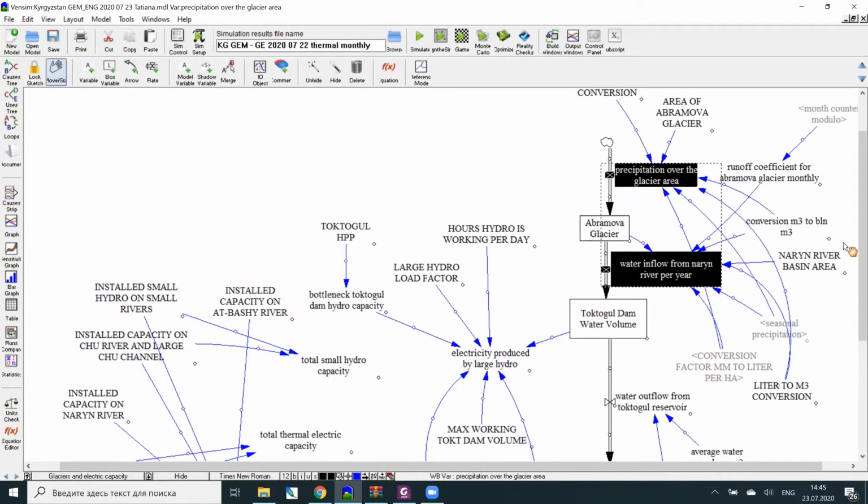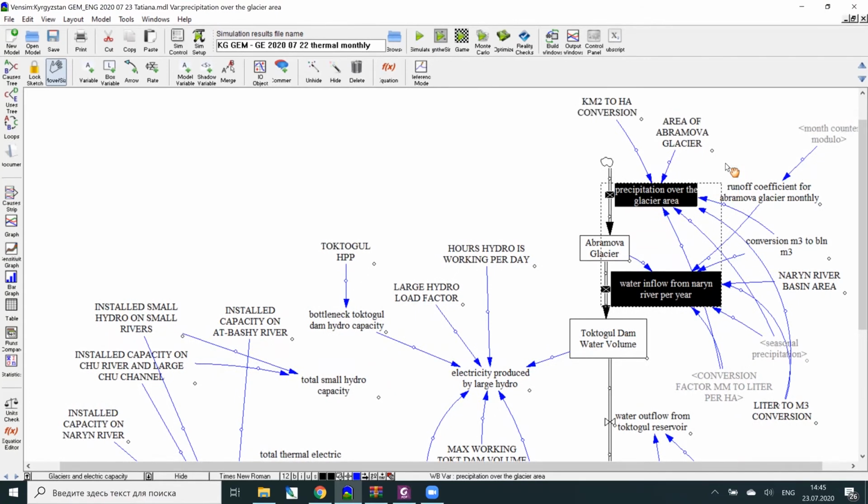Then you still have the same seasonal precipitation. But the river basin area is huge. It's larger than the one of the glacier, right? Yes, much larger. That could be one of the reasons. So not all of the water inflow to the dam comes from the glacier. Some of that comes from precipitation that happens in the river basin area, right?